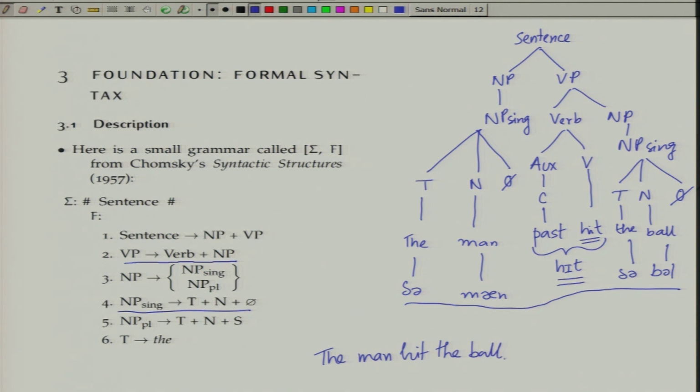We could add a rule like VP goes to verb plus NP or verb. This was a possibility. Actually this is not a very great way of doing it, so I suggest that we could have done it this way.